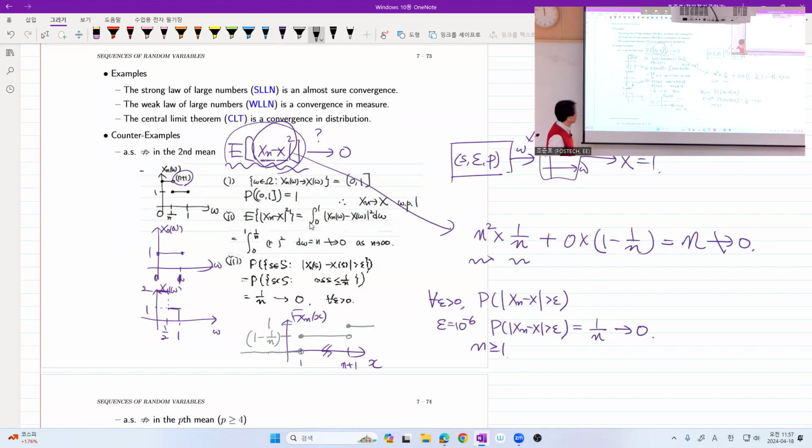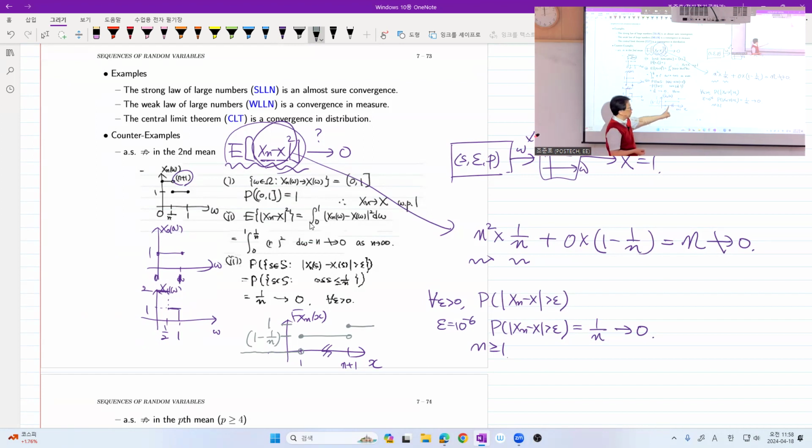Now, what happens if we increase n? This value is 1, right? And this height goes up and up and up and up and up, right? So for sufficiently large n, we have a function that steps up to almost 1, and very far away, we have a small jump. Now consider the limit.